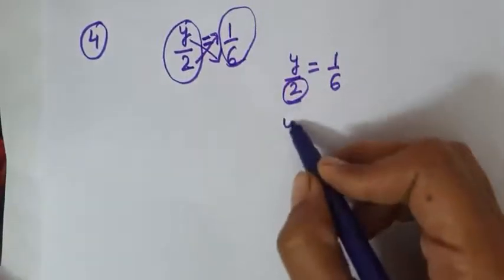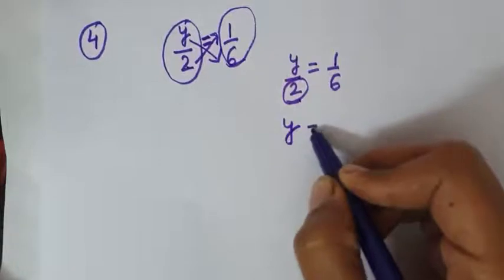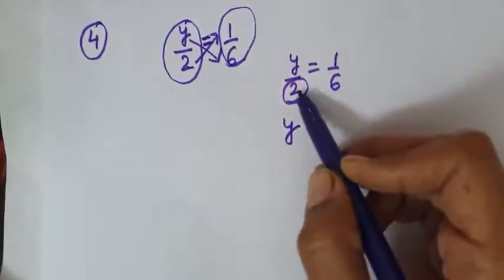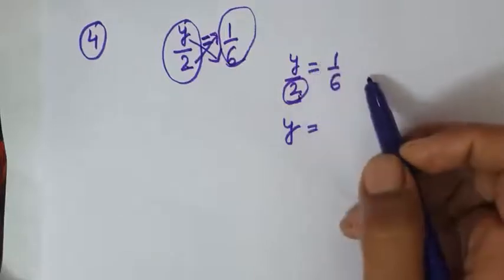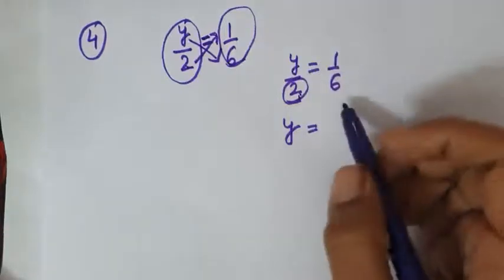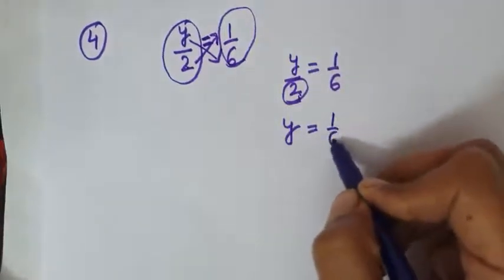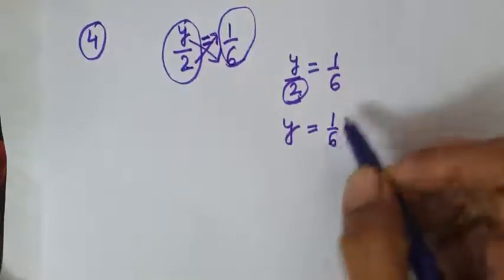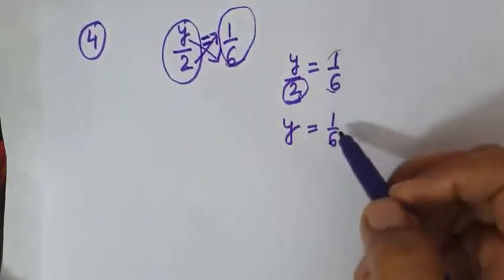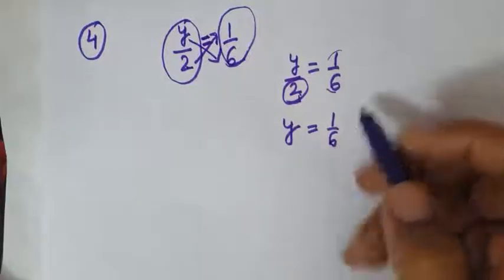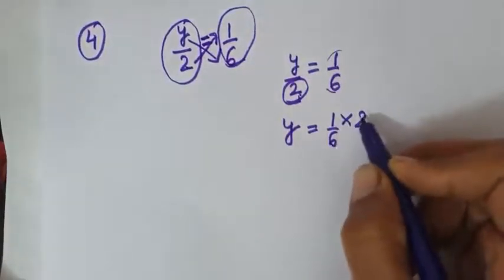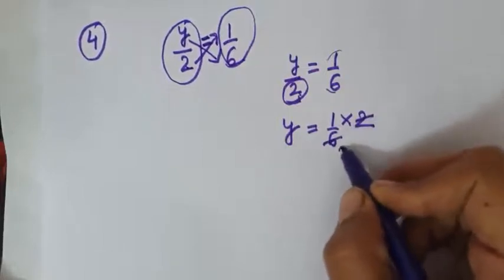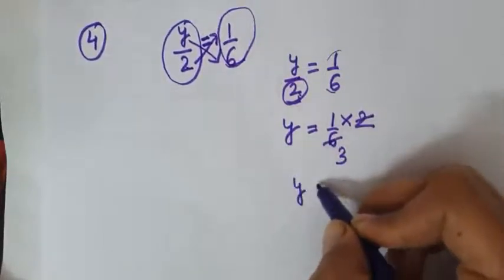Now keep the variable on one side. 2 on division, when shifted, becomes multiplication. First of all, write the number which is already present on the right hand side. Multiply 2. Now do the cancellation. So what we get?